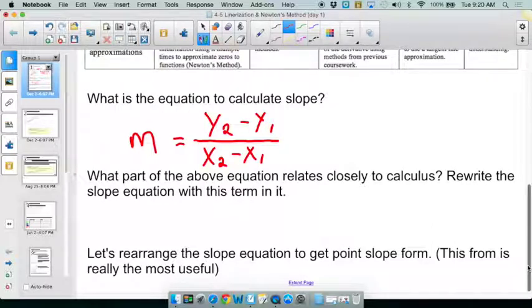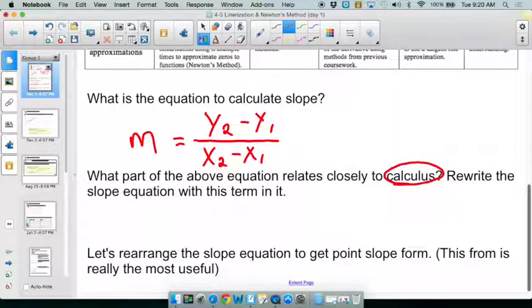When we look at these variables, which part of this equation is closely related to calculus? The concept of finding points, the concept of finding a slope.